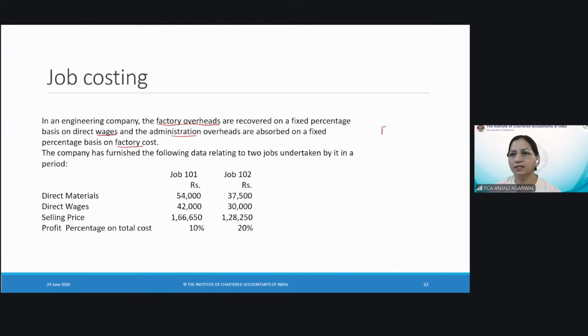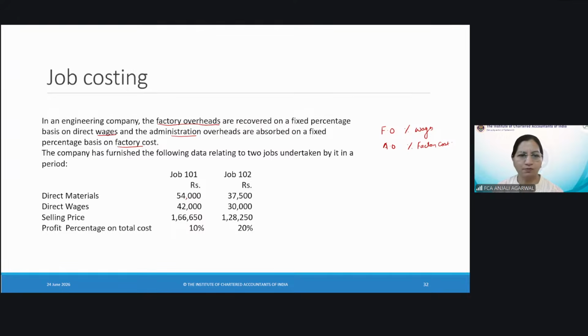Factory cost you will get when you add material, labor, and factory overheads. But we don't know the factory overheads. First, you will know that, and then you will apply the administration overhead. The company has furnished the following data relating to two jobs undertaken by it in a period.